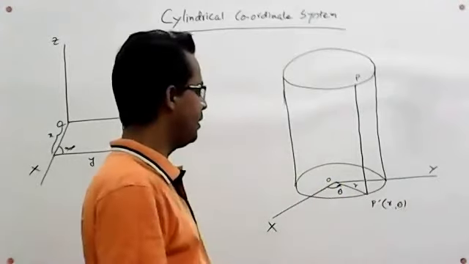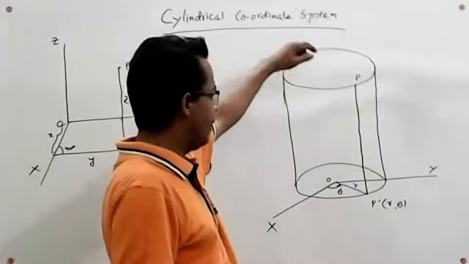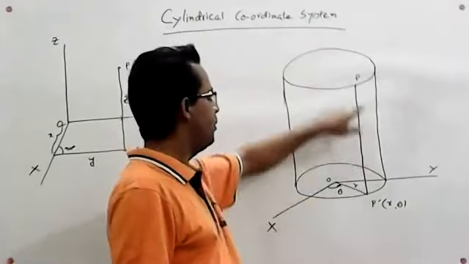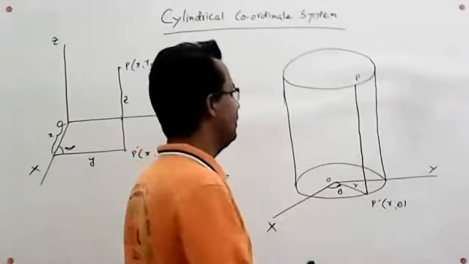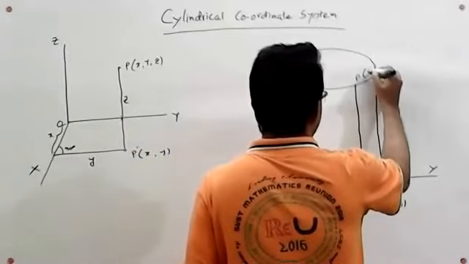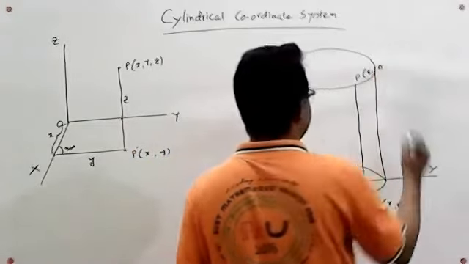Therefore, we can say that the coordinate of P will be R and theta.